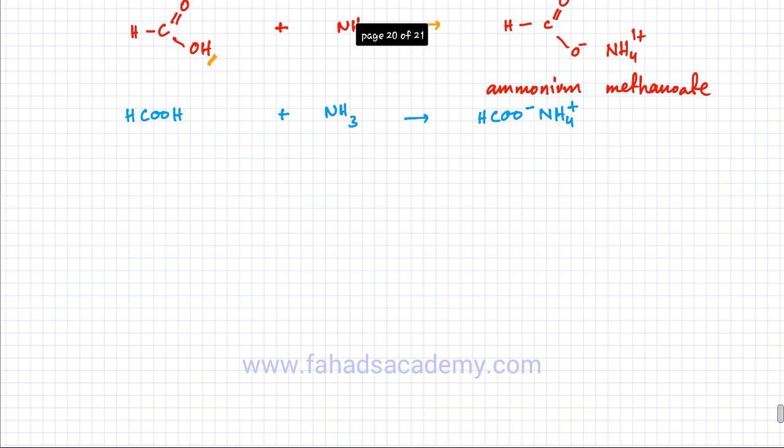Let's do an example with a slightly more complicated molecule of carboxylic acid. Let's say I have a carboxylic acid which looks like this: C double bond O and H. Now they're going to draw different random structures in your exams just to try and confuse you.